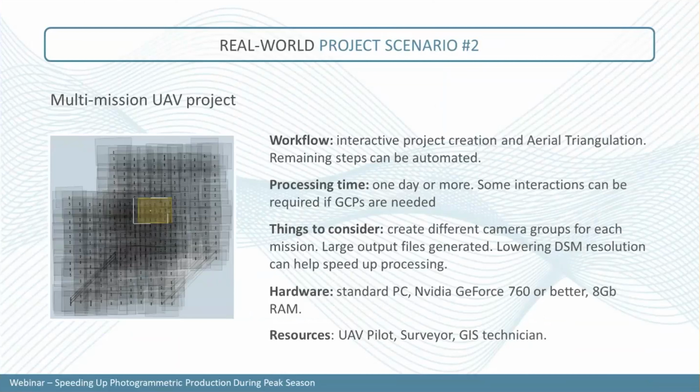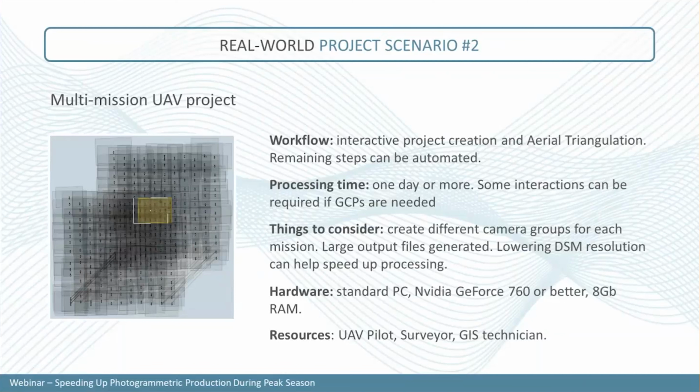Let's say you're flying over a week. The interactive project creation can be used to have different groups for each mission. Let's say you have around four flights done over one day or half a day of flying.